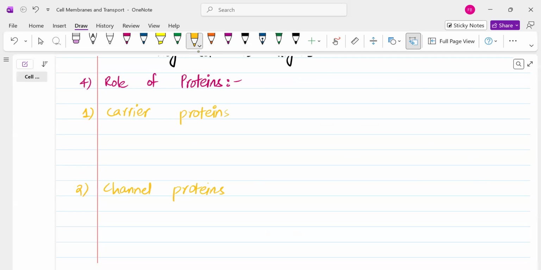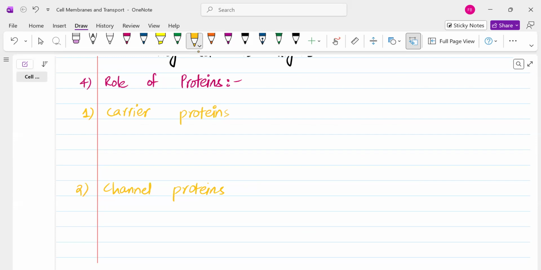Can you tell me the difference? Carrier proteins have a site that is complementary to a specific substance. It binds with the substance and allows it to enter the cell.